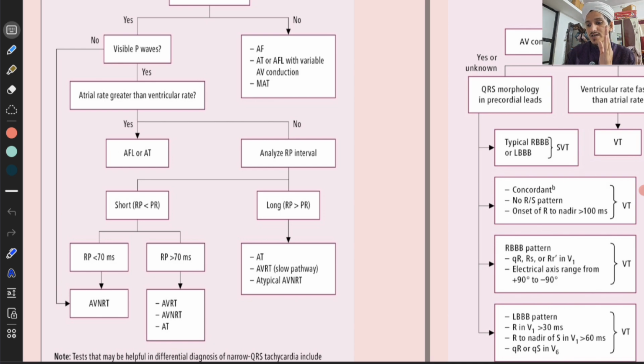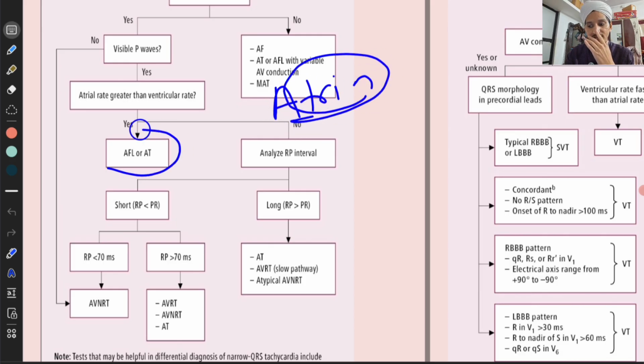So you calculate atrial rate and ventricular rate. If the atrial rate is more than the ventricular rate, then it is atrial flutter or atrial tachycardia. How will we differentiate? Morphology of P wave will be changed.